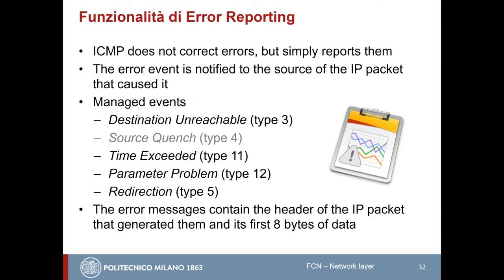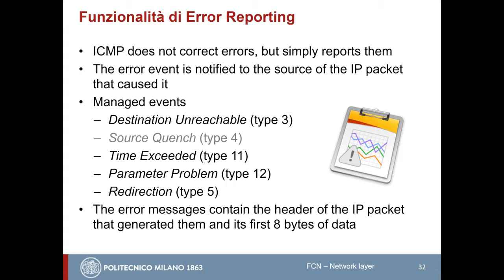In these error messages, in the data segment field of the ICMP message, we usually find the header, or part of the header, of the IP packet that generated the event, plus part of the payload, for example, up to the first 8 bytes of data.